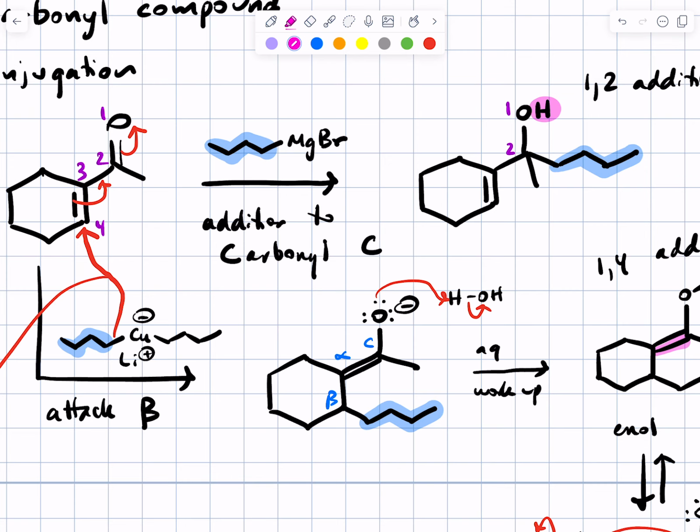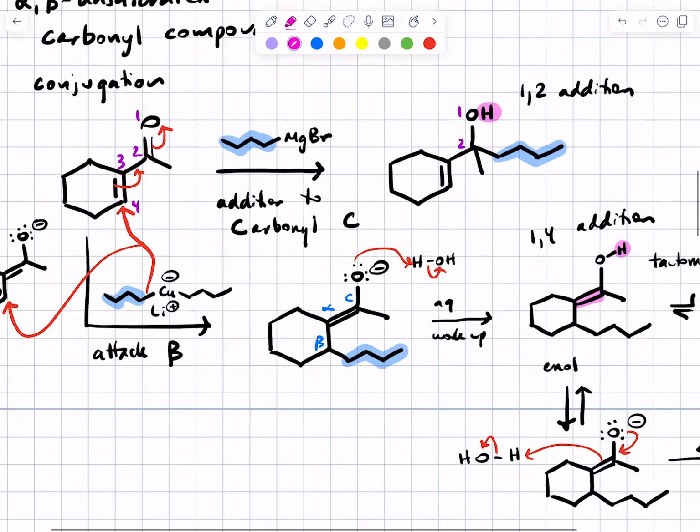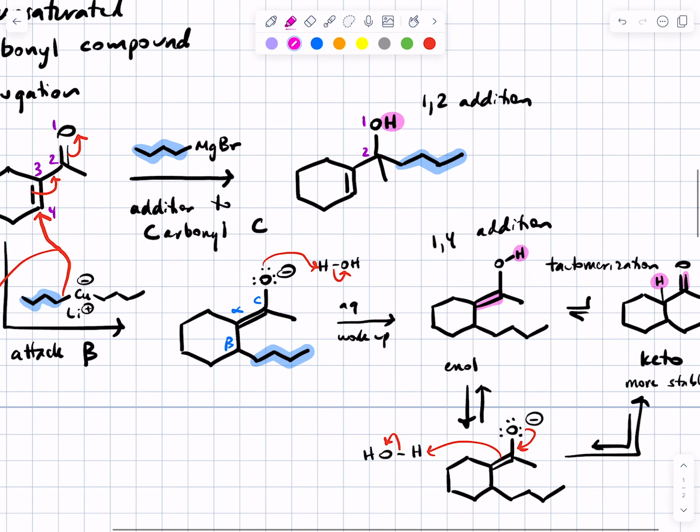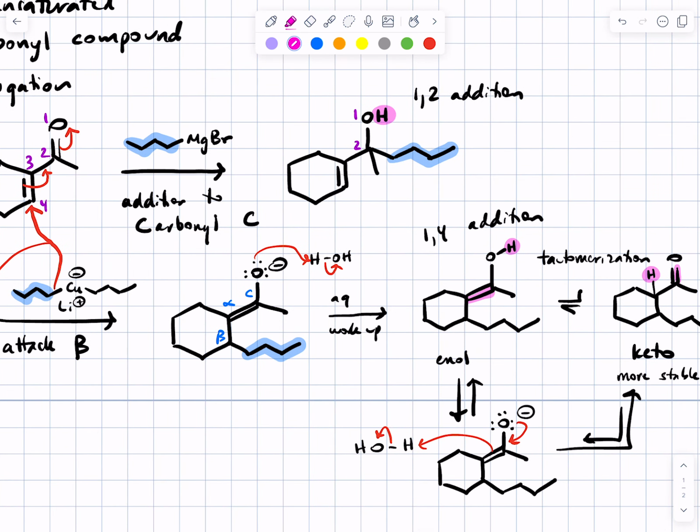That's the 1,2 addition product. In contrast, if you look at the enol product, it's clear that we added the blue thing to position 4 and the pink hydrogen to position 1. So that's why that's a 1,4 addition product versus a 1,2 addition product.